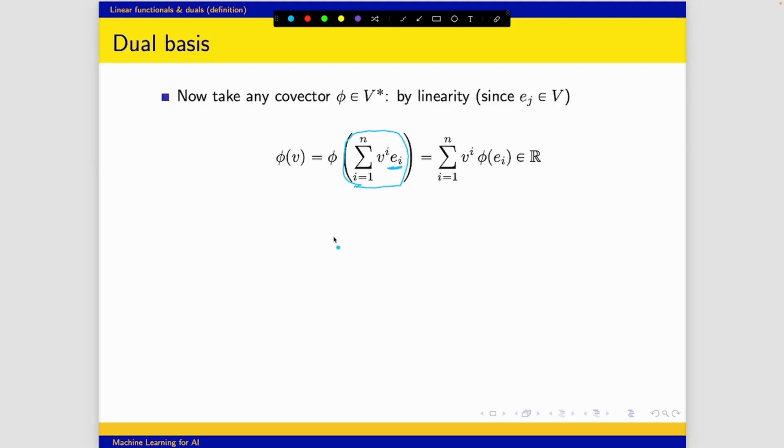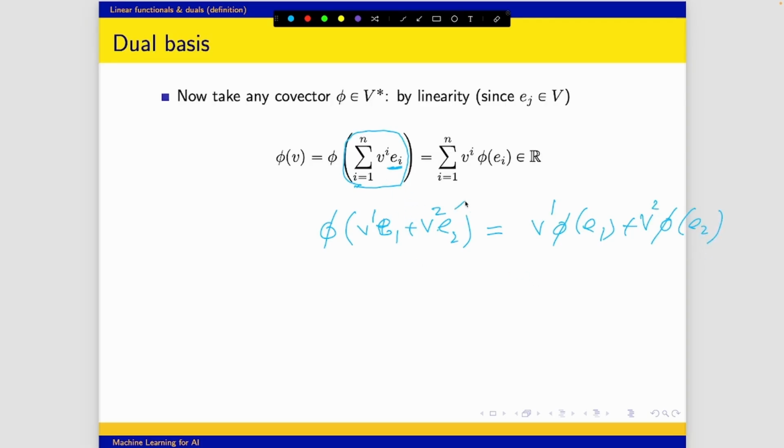Now, we know that phi is linear. So phi of this, V1 E1 plus V2 E2, let's say we only have two of them, would be V1, because that's just a number, times phi acting on E1, plus, again, this is just a number, V2, phi acting on E2, right?